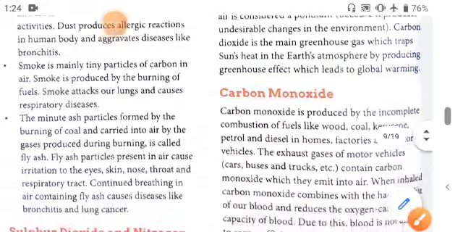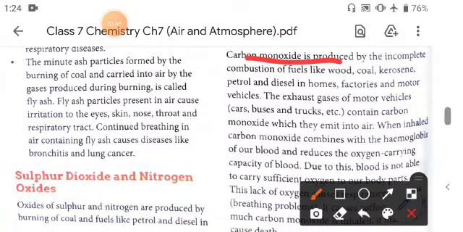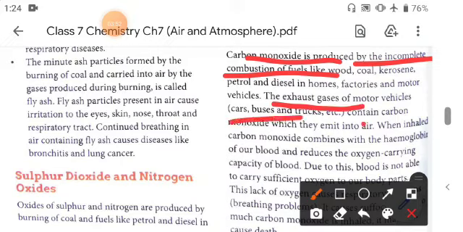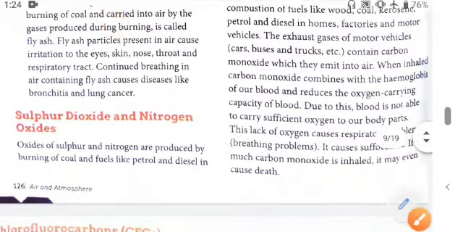And next is carbon monoxide. The formula is CO. Carbon monoxide is produced by the incomplete combustion of fuels like wood, coal and kerosene etc., and the exhaust gas of motor vehicles, cars, buses, trucks etc. contains carbon monoxide which they emit into the air. When carbon monoxide is inhaled, it combines with the hemoglobin of our blood and reduces the oxygen carrying capacity of the blood.